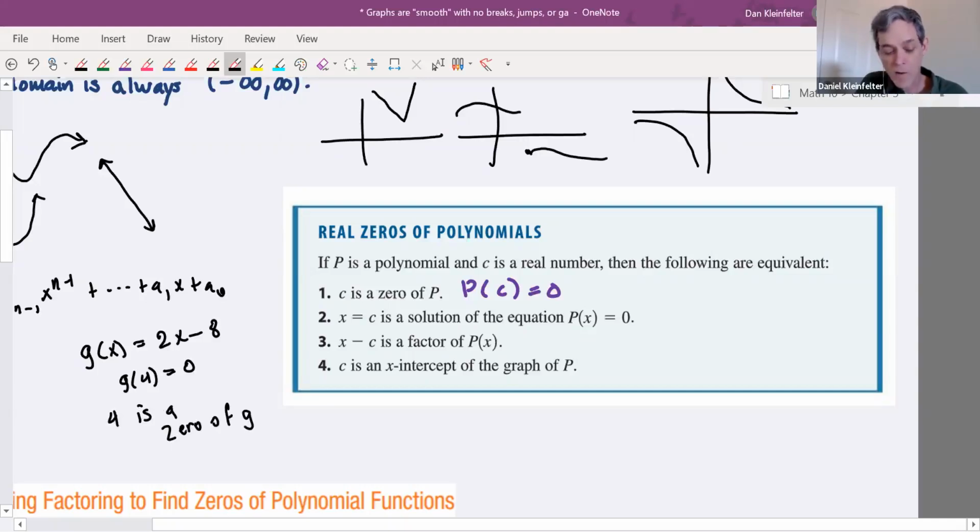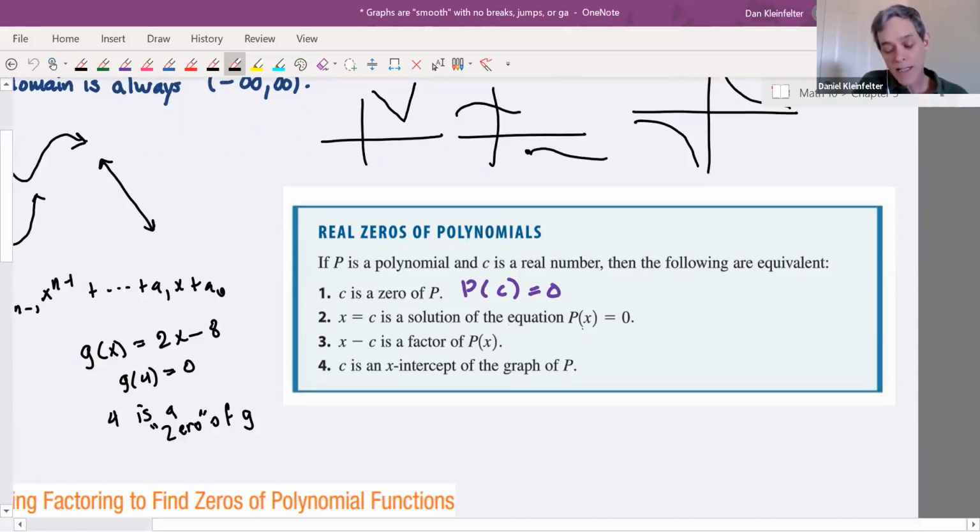That's the word 0, right? We're not, of course, saying that the number 4 equals the number 0, which is, of course, false. We're talking about a 0 of a function, which is an x value that you'd substitute in, and 0 would come out. So c could be a 0 of p.